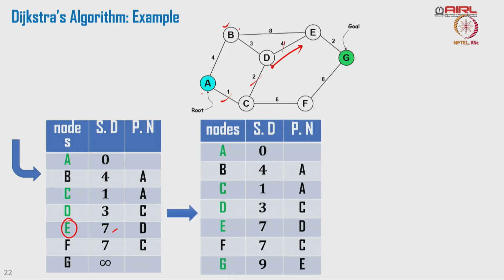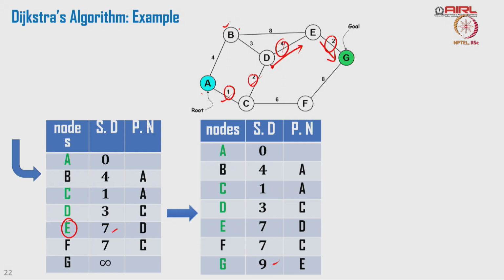Now, after E, the shortest path is coming to G. So, what is the total path cost? 1 plus 2 plus 4 plus 2, so total 9. So, we see that now G comes in the shortest path.